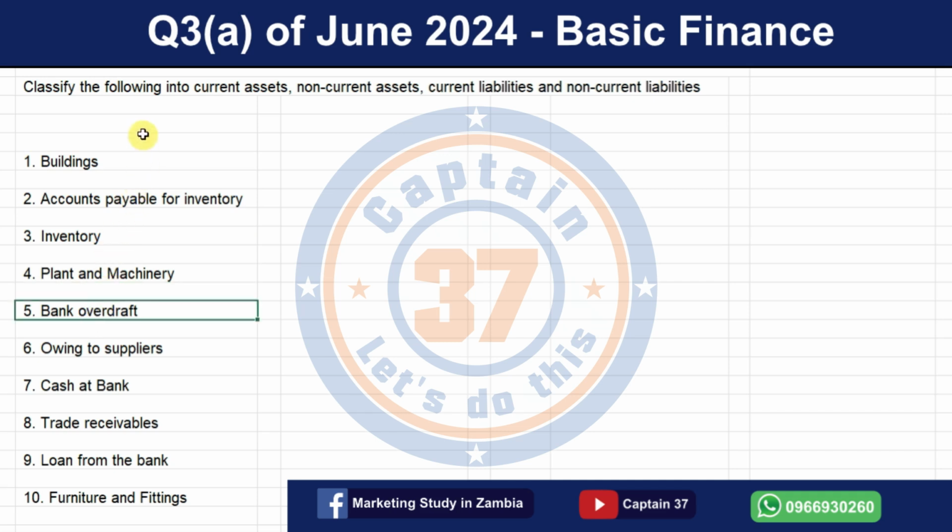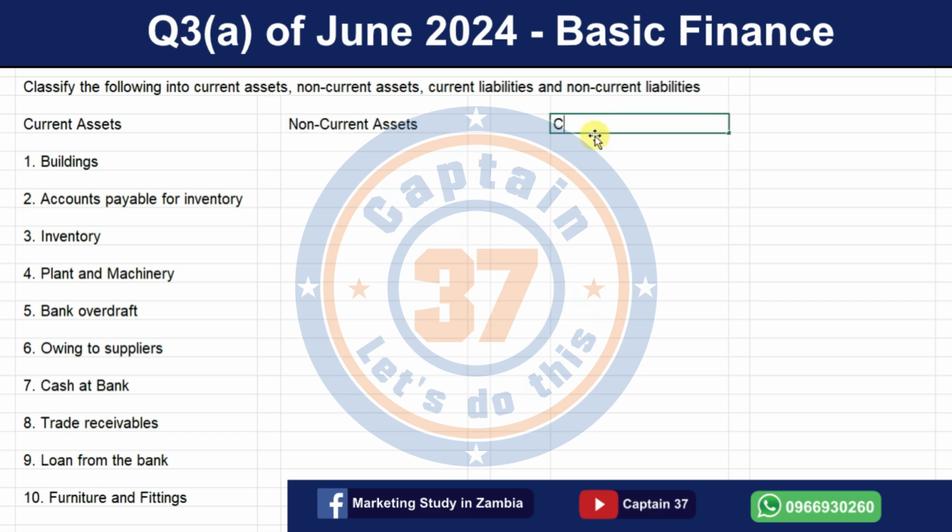And so we basically need to have a heading where we clearly indicate that here we're going to have these as current assets. That's where we're going to put our current assets. And then here we're going to put our non-current assets, and say here we're going to put current liabilities, and here we're going to put non-current liabilities, like that.